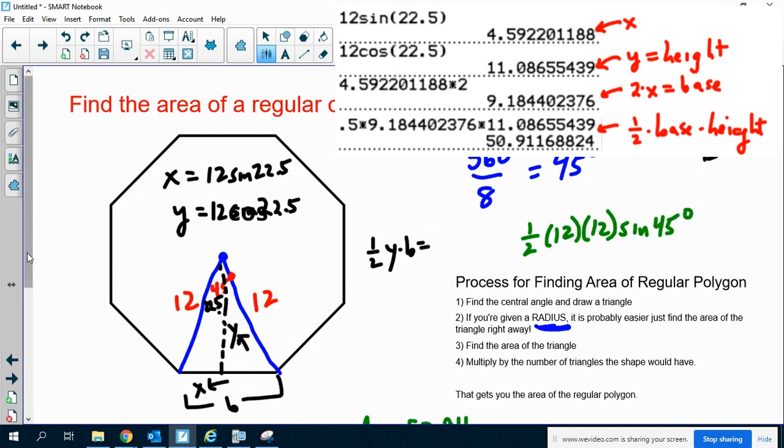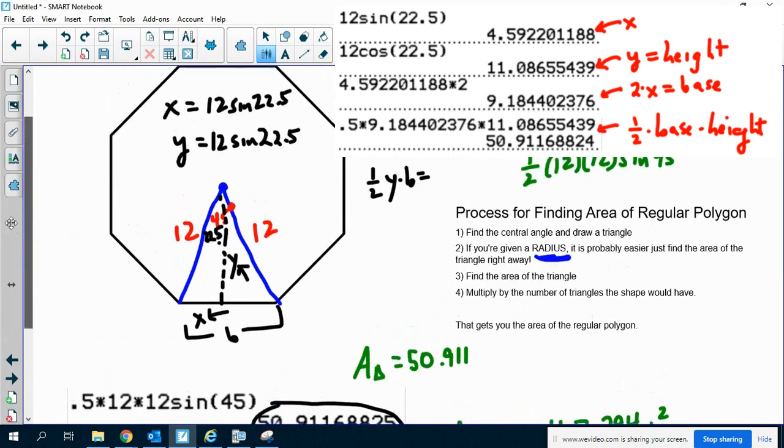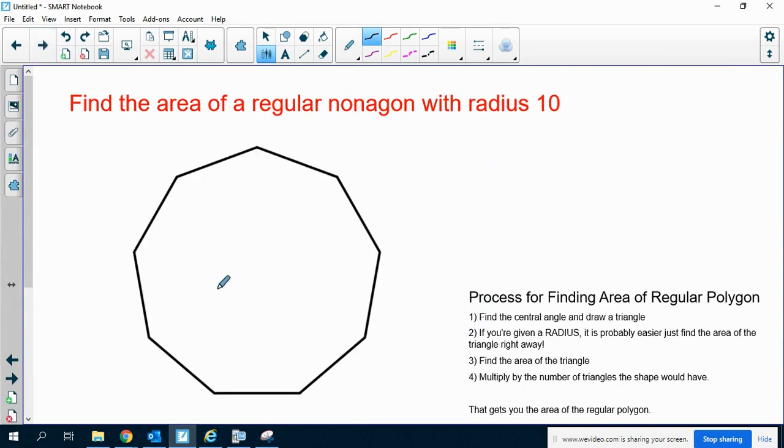I'm going to get the exact same thing that I got doing 1/2 AB sine C or 1/2 AB sine theta. So I'm going to get 50.91168 and so on. So I could find the area of the triangle using apothem split, SOHCAHTOA. It's just when they give you the radius, it's a lot easier to use something different.